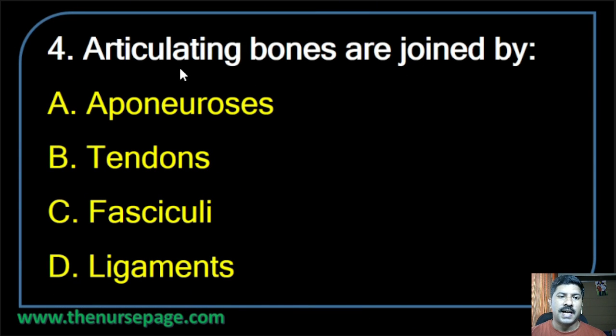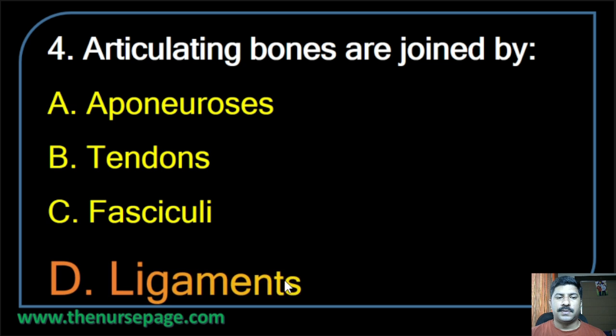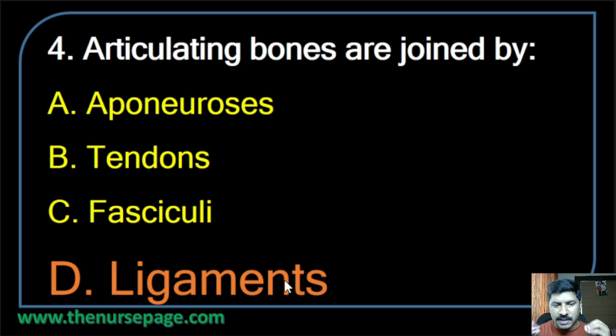Then fourth question, articulating bones are joined by: aponeurosis, tendons, fasciculae, or ligaments. Two articulating bones are joined together with the help of ligaments.